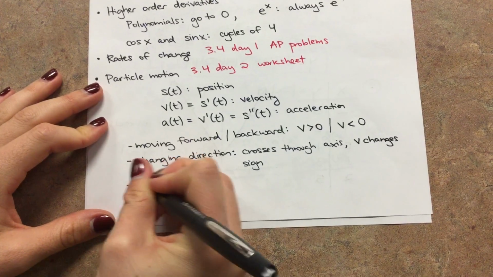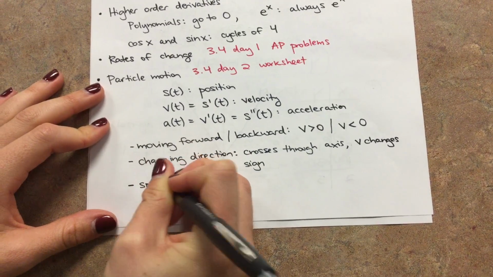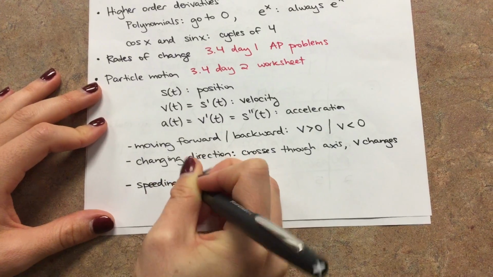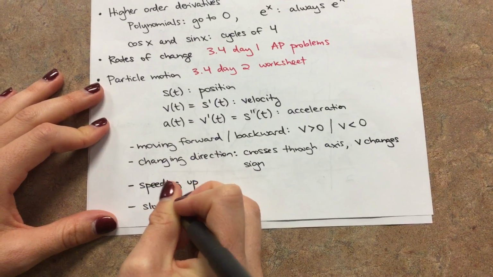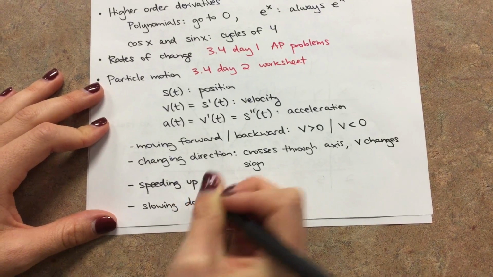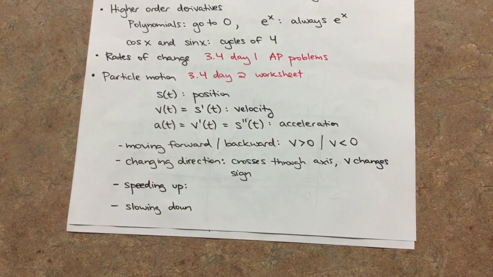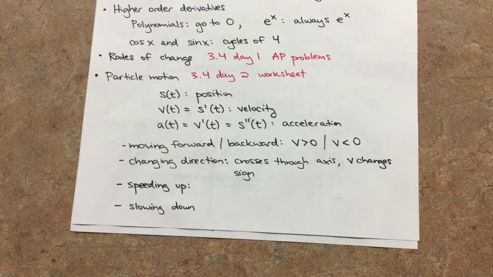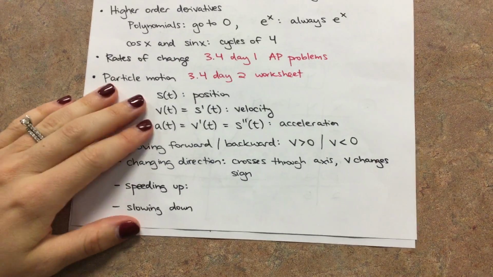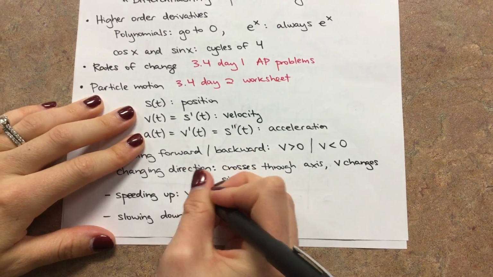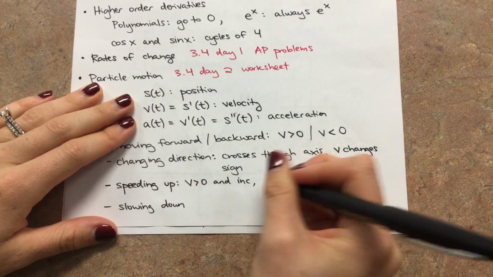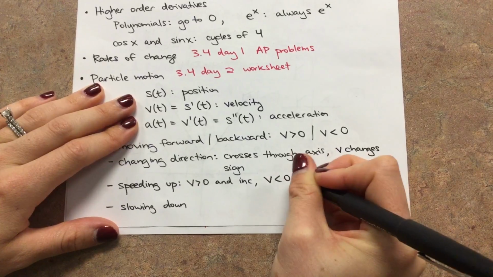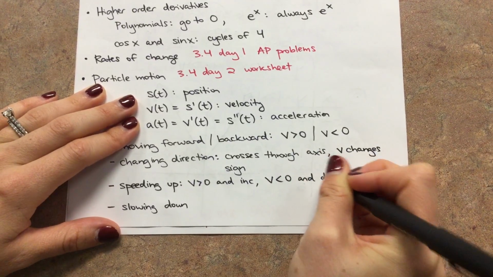All right, last thing, speeding up and slowing down. They could each happen two different ways. Speeding up could happen if velocity was positive and increasing, or if velocity was negative and decreasing.